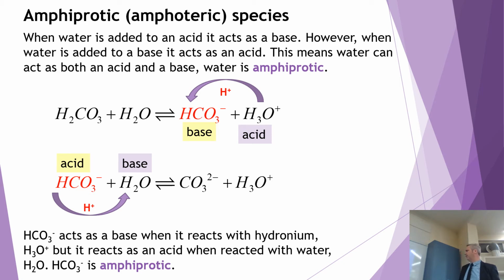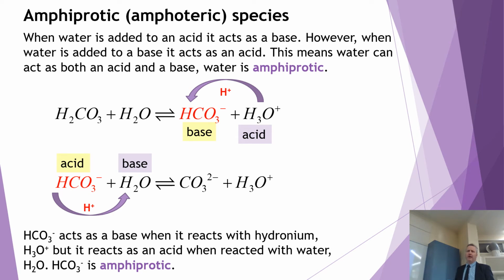There are quite a few of these substances around, so not all substances are defined as just an acid or a base, but as something that could be an acid and a base. Water is a prime example, because H2O can go to OH minus or H2O can go to H3O plus. It can act either as an acid or as a base.